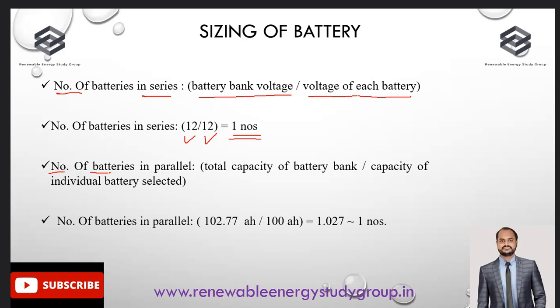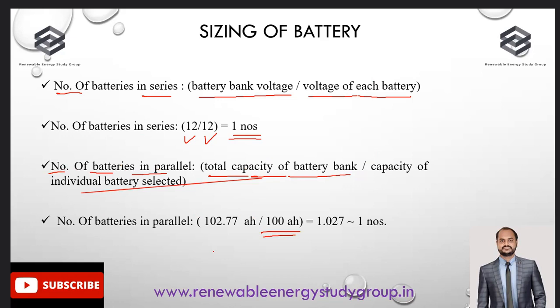Similarly, for parallel combination, it depends upon the ampere hour rating that we are selecting or calculating for the given system. The formula says that the total capacity of battery bank as per our calculation divided by the individual battery capacity. In this case, we have taken a 100 ampere hour battery.